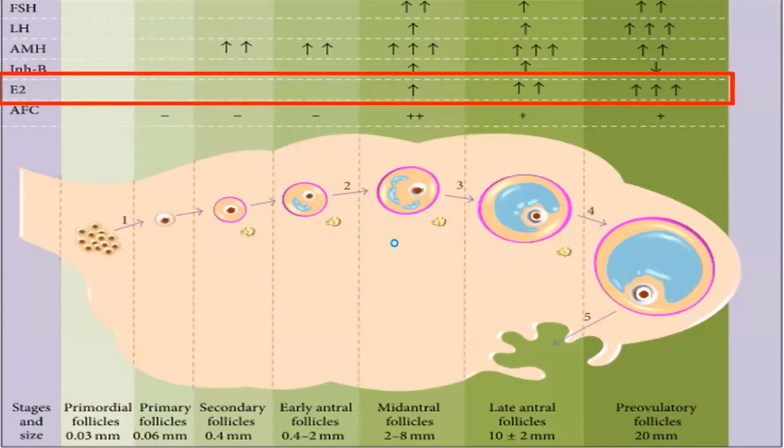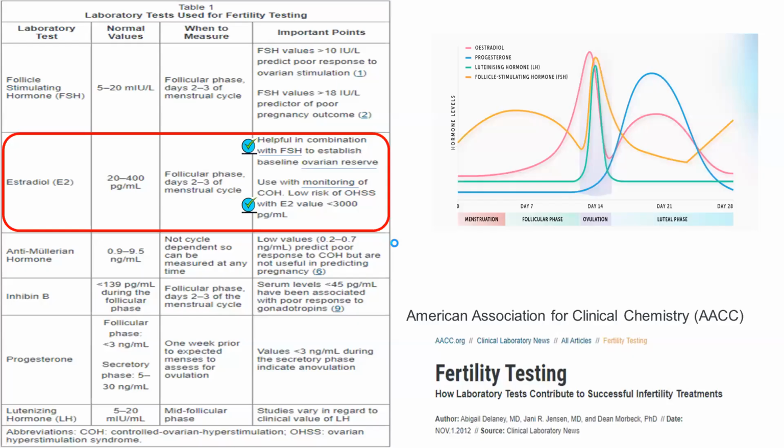What about estradiol? Estradiol at the beginning of the menstrual cycle is very low, and it has 2 peaks, with the first pre-ovulatory increase. Importantly, estradiol is used with FSH, as told previously, for estimation of baseline ovarian reserve.